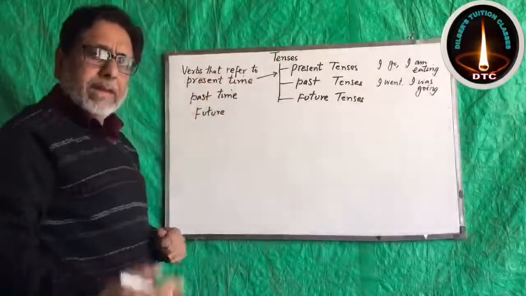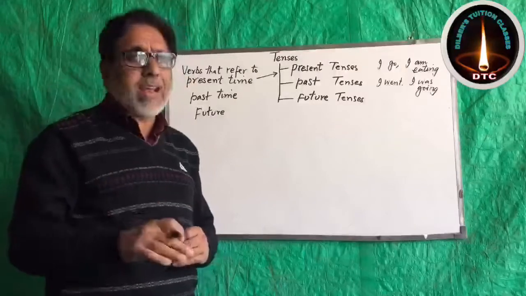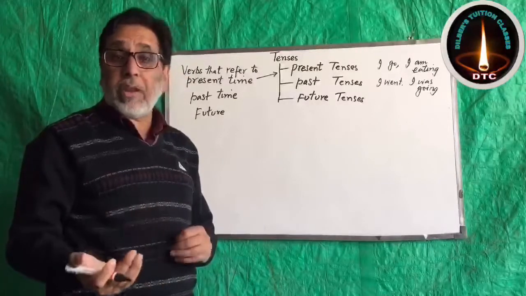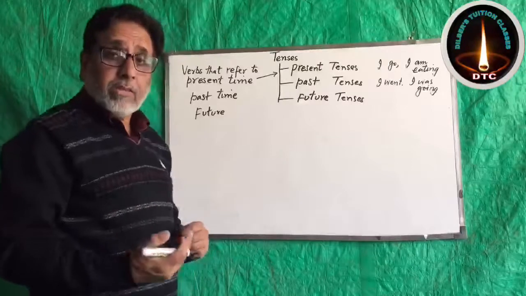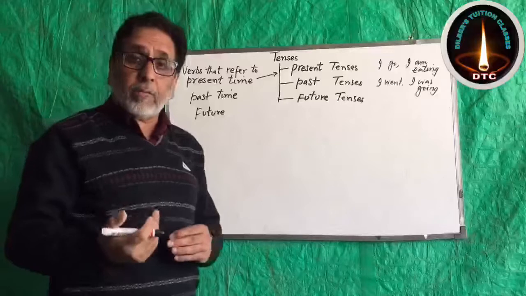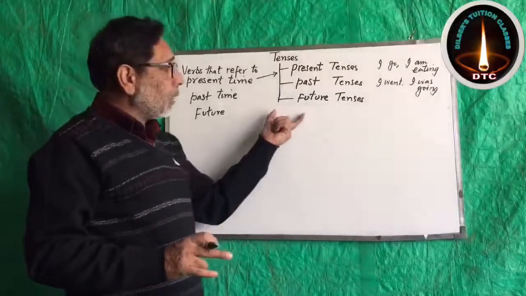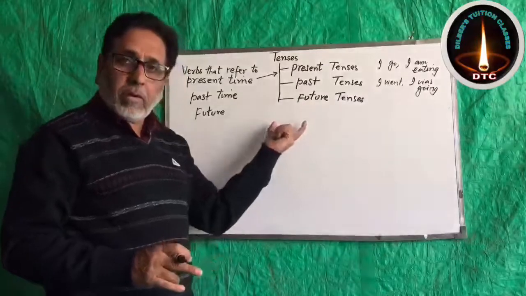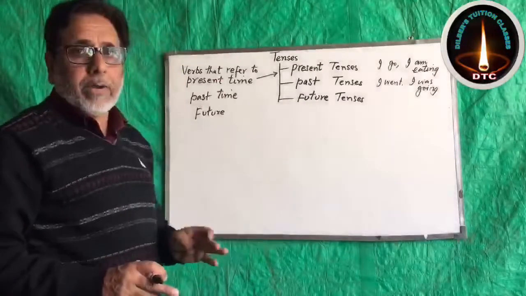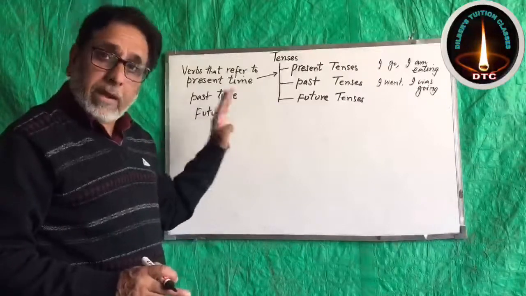Now there are grammarians who say that there are only two tenses: there is only present tense and past tense, and there is no future at all. But since grammarians have not come to a conclusion, we must not delete it from our teachings. We must keep it till the grammarians come to a final conclusion.